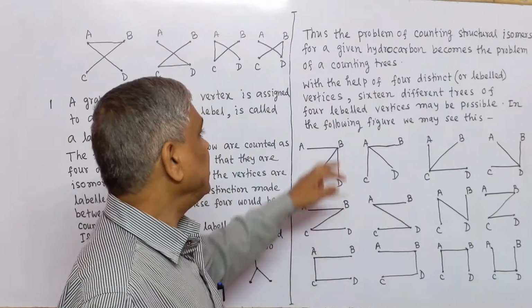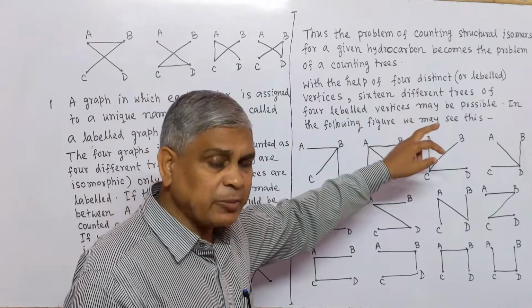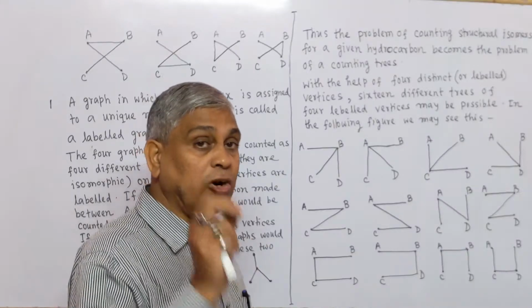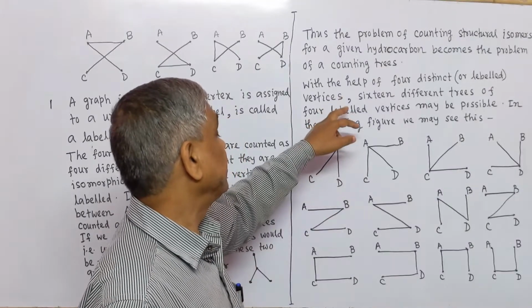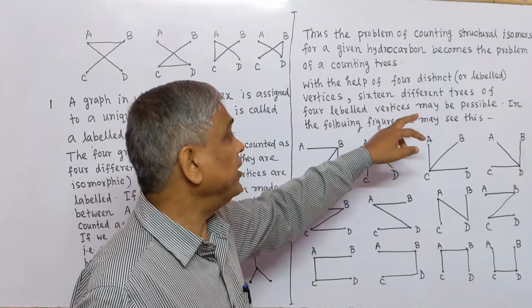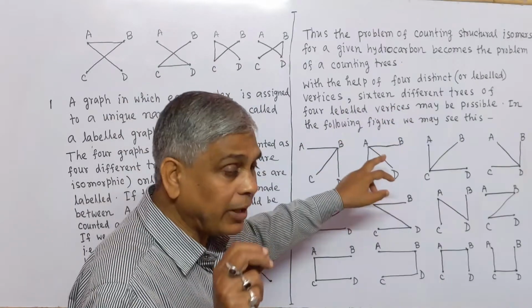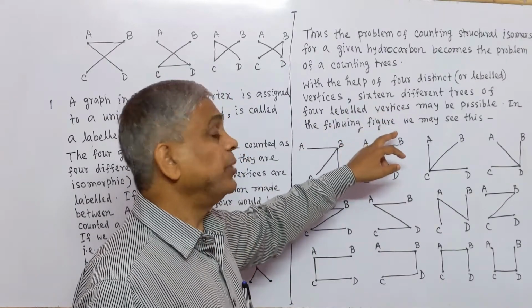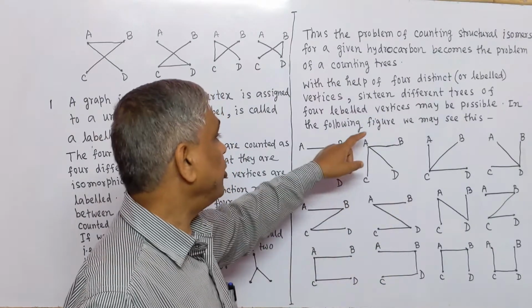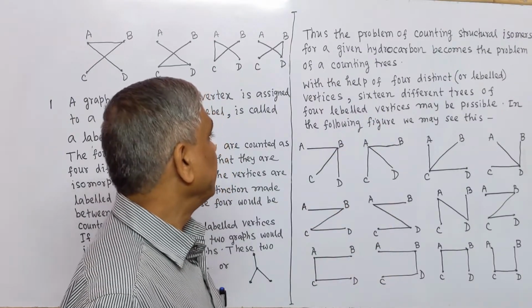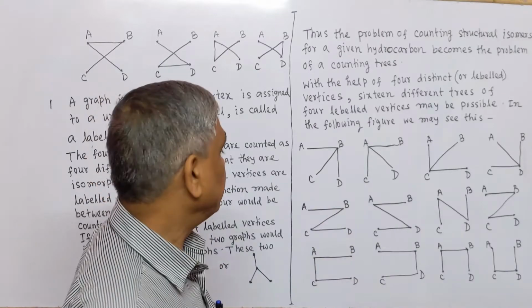With the help of 4 distinct vertices, or label vertices, 16 different trees of 4 labeled vertices may be possible in the following figure. We may see this.